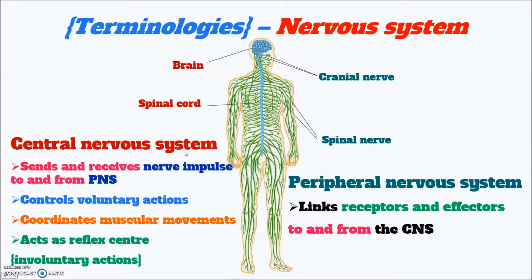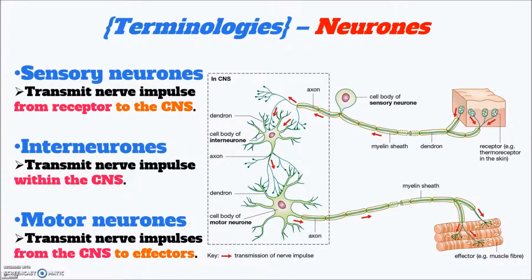I would like to recall once again that the central nervous system is the boss, so it makes decisions, analyzes the impulses, and coordinates muscular movement in our body. So it controls, coordinates, and last but not least, the CNS also acts as the reflex center for involuntary actions.